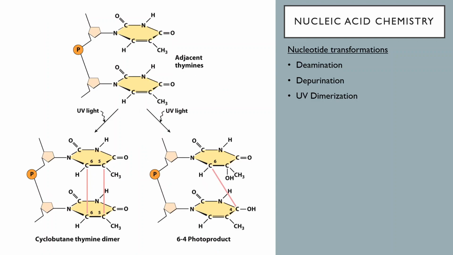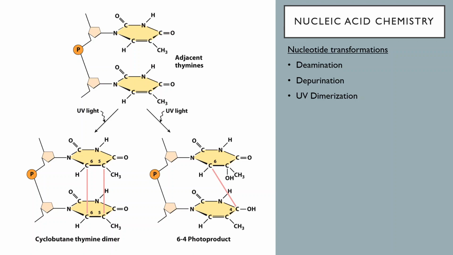Another kind of common nucleotide transformation is UV dimerization of adjacent thymines. So if you have two thymines that are next to each other in the same strand, so here we have two thymines sitting right on top of each other. Remember that in B-DNA, the bases are more or less perpendicular to the long axis of the helix, so they're just sort of stacked on top of each other.